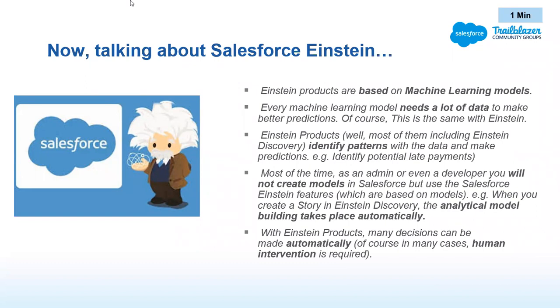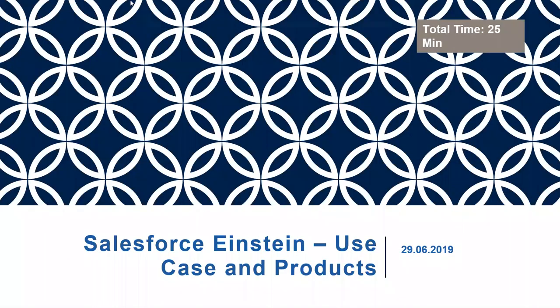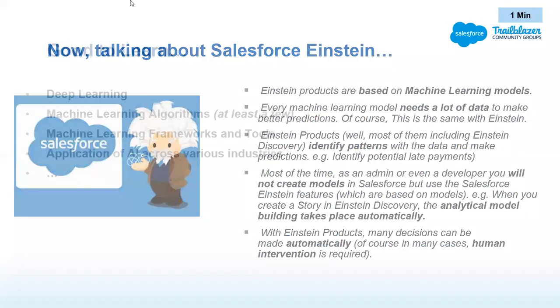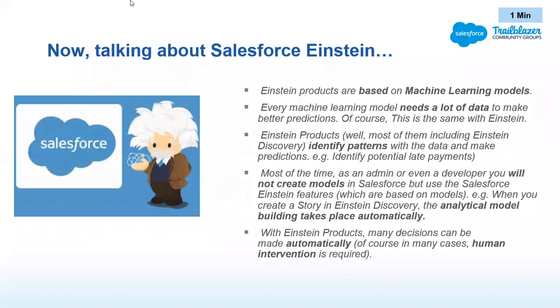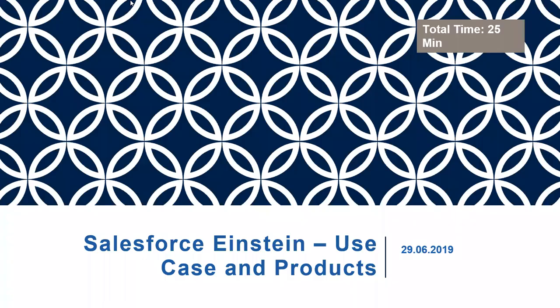So you still need human intervention, but you will be able to deduce, to infer a lot of things based on Einstein predictions. Okay, so that's basically the introduction to machine learning and artificial intelligence. This was just to give you a background on how machine learning works, and why we are talking about machine learning, because Einstein under the hood uses machine learning for its Einstein products.